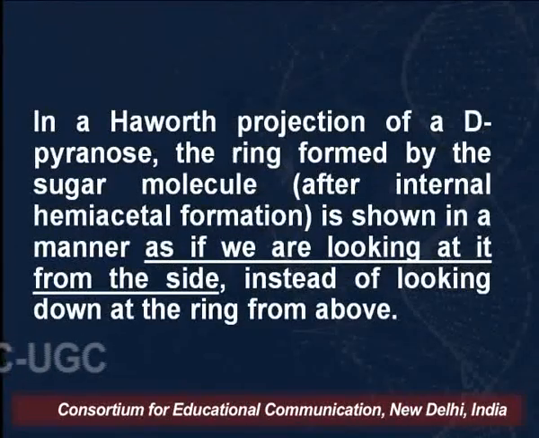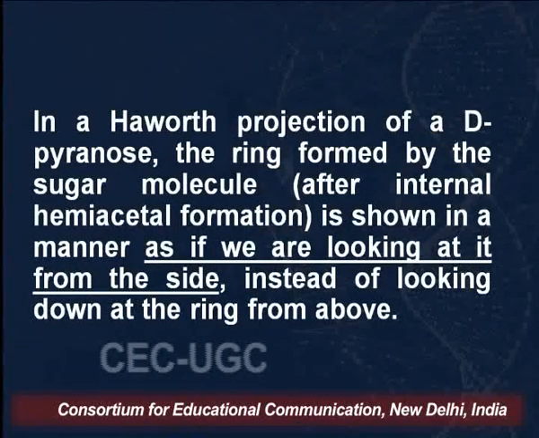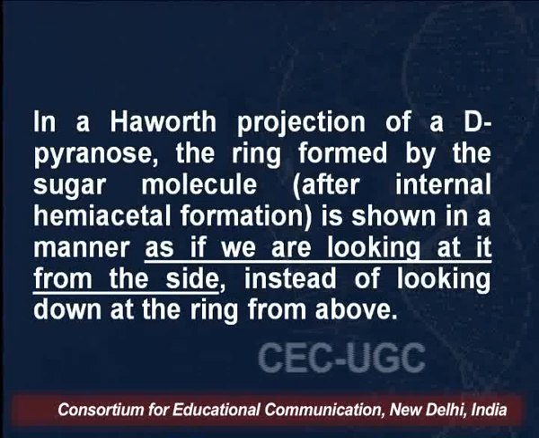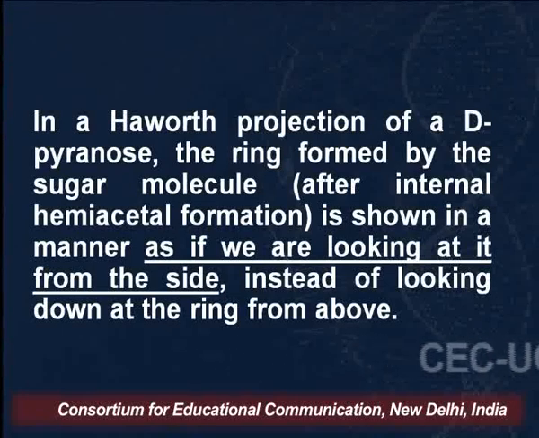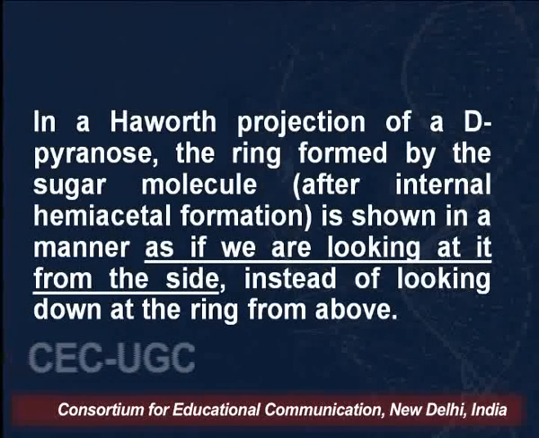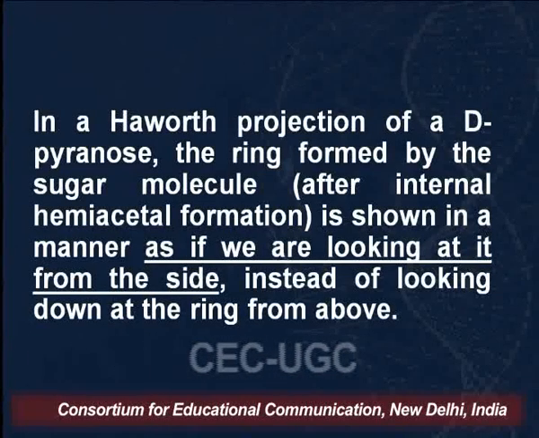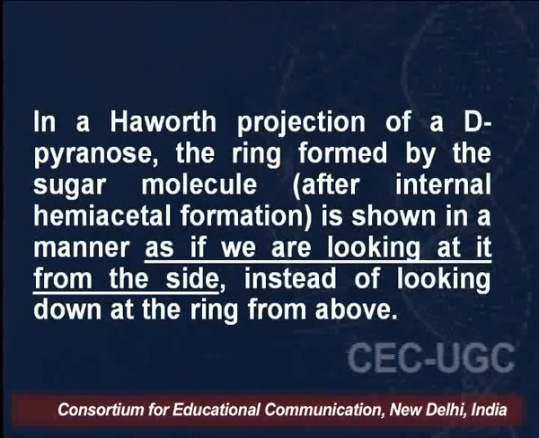So when we look into the Haworth projection of a D-pyranose, the ring which is formed by the sugar molecule after internal hemiacetal formation is shown in a manner as if we are looking at it from the side.